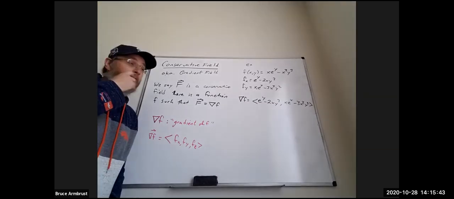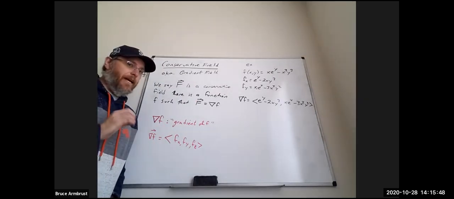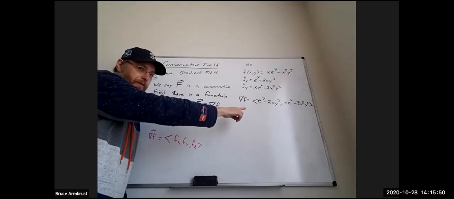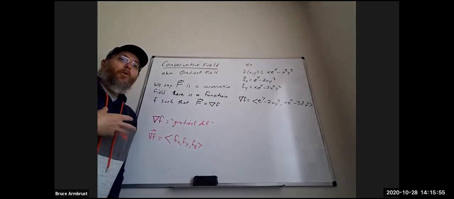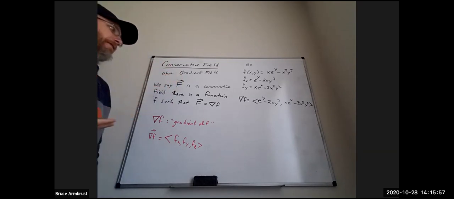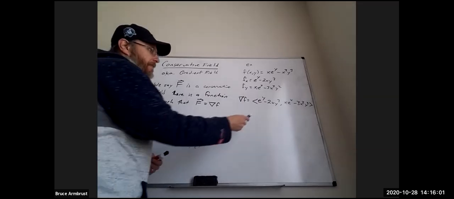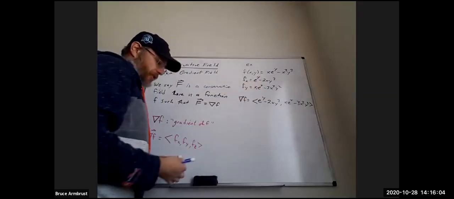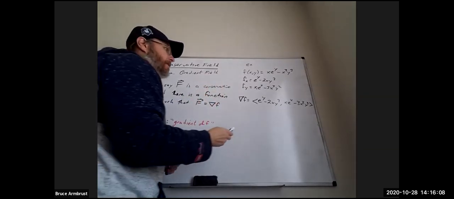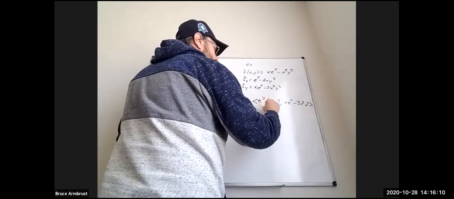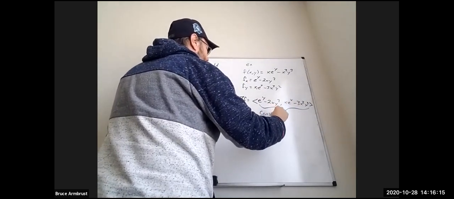But anyway, there's a lot we can do with gradients. What I need you to know right now is how we find them and what they look like. So when we have a conservative field, basically, we're looking at the gradient of some function. So let's just say, since we've got a function and we found its gradient, let's just say this was our field. This is an example of a conservative field.